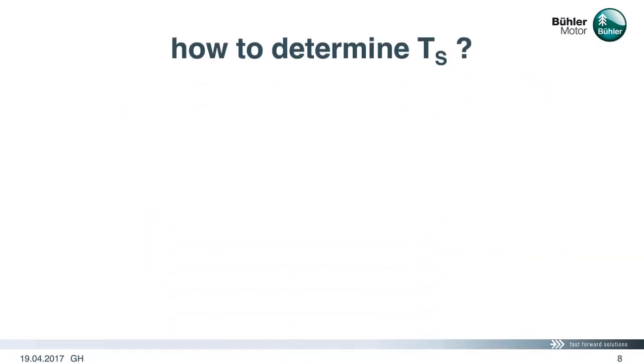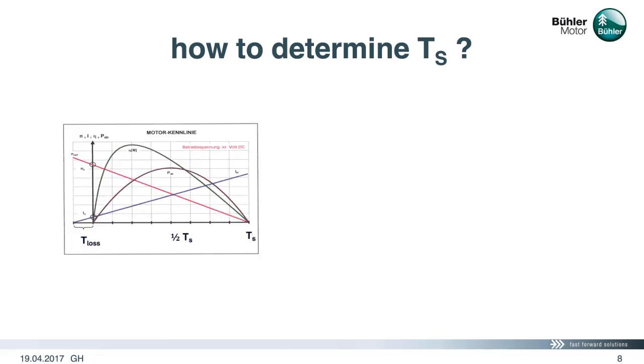How can we determine T sub S now? For this, we need to know the application conditions. Basically, the complete performance curve is always in the back of our mind.